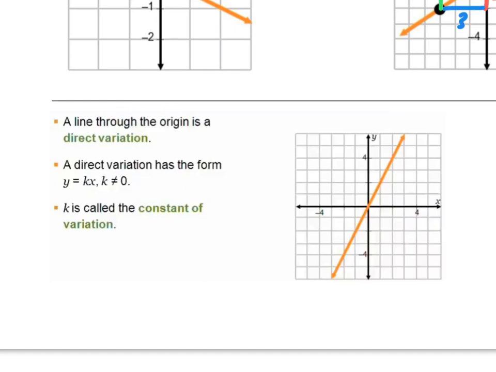A line that goes through the origin is called a direct variation, which varies directly. A direct variation has the form y equals k times x, where k cannot be equal to 0, and k is called the constant of variation. Mainly what it means is that you've got y equals k times x, and k is your slope.